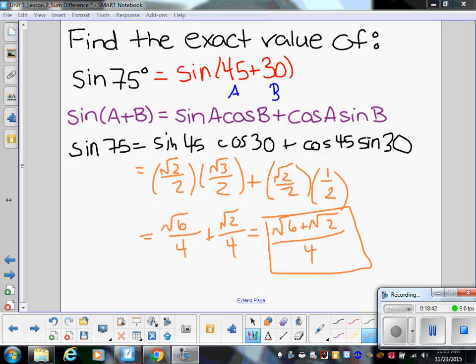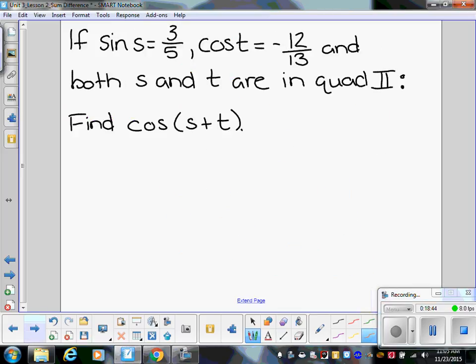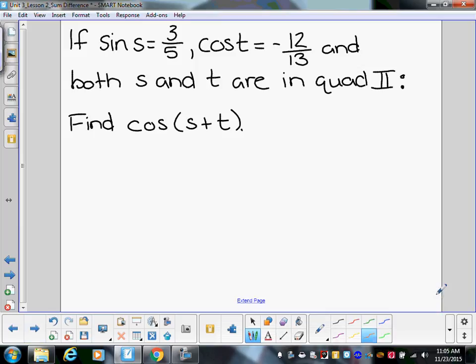All right. So there's one other type of question that we'll do. In this type of question, I have two angles, S and T. It's all your different letters.